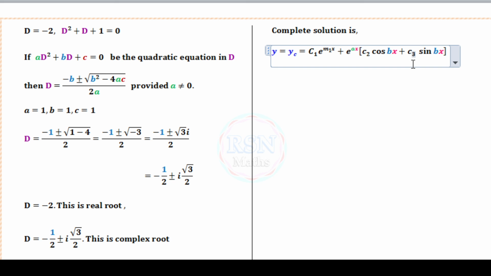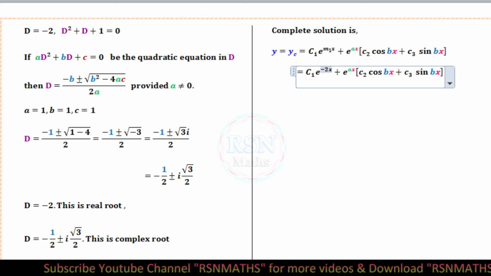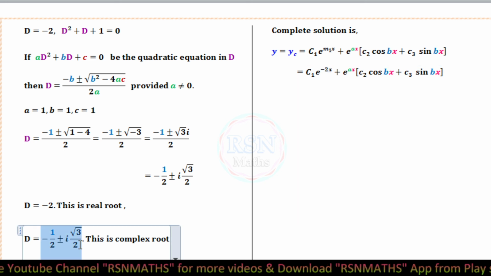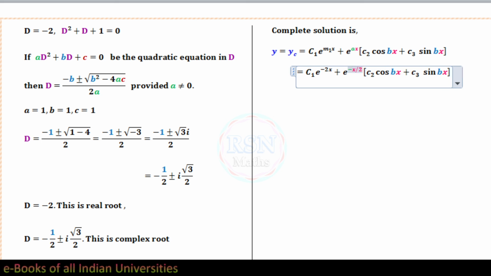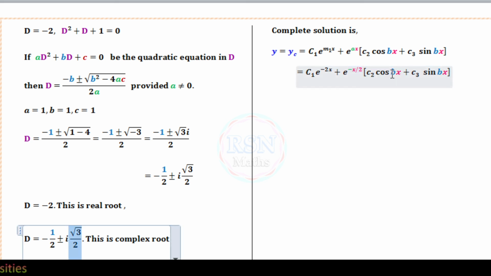-2. Okay, and if we compare this complex number with a plus ib, then what will be the value of a? -1/2. Very good. Here the value of a is -1/2, so can we write it as minus x upon 2? Okay, and here the value of b is √3/2.